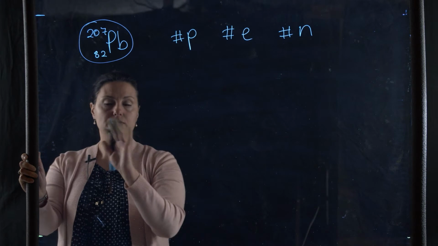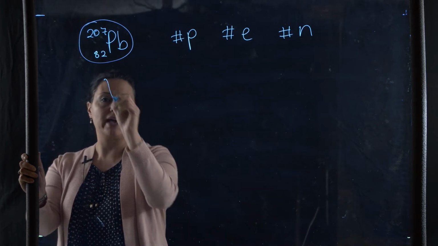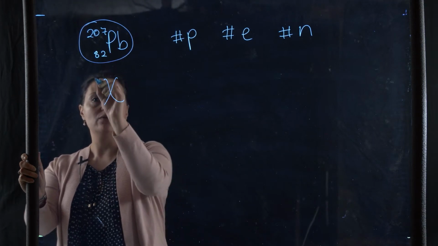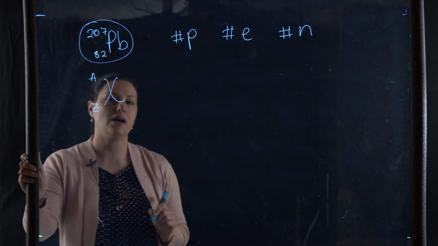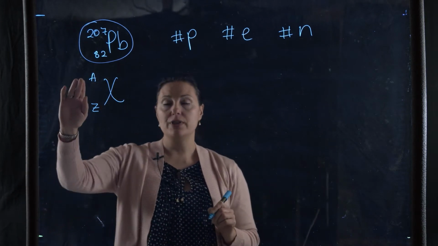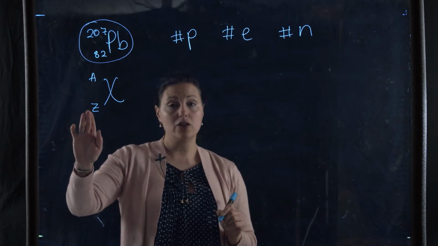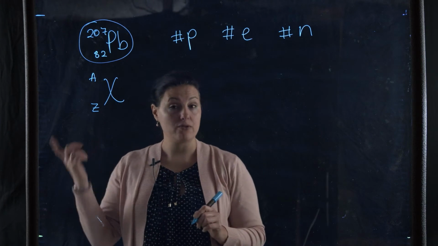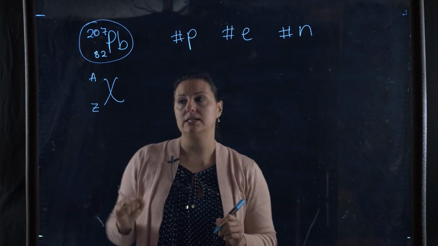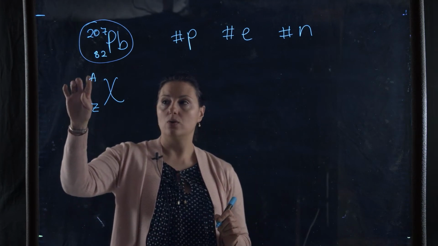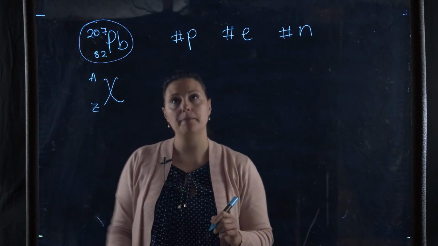In general, if my element is X, then I will have A as my mass number on top and Z, my atomic number, at the bottom. Remember, the larger number is the mass number. The smaller number at the bottom is the number that you find on top of each element symbol in the periodic table. So these numbers go the larger one on top and the smaller one at the bottom, just like I did here for lead.